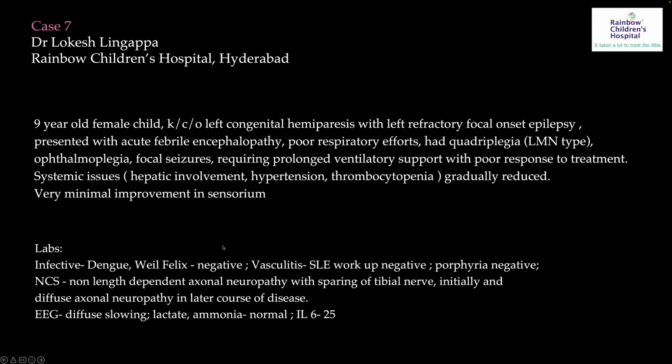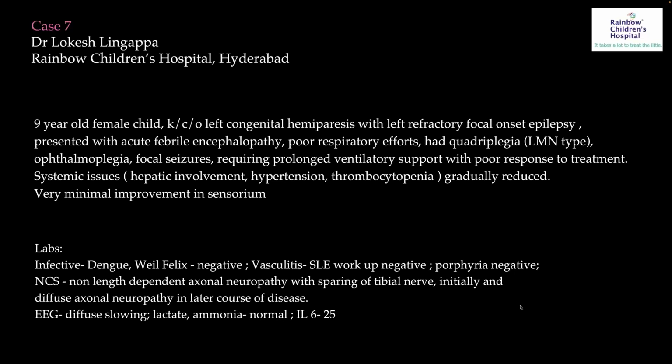The repeat NCS showed a diffuse axonal neuropathy, and the repeat MRI, done after a gap of almost 1 week, showed decreased changes. Was it dengue? No, sir, dengue was negative. The workup was negative. So here our question is whether these changes can be correlated with the MRI changes, and the experience of other people with such cases.